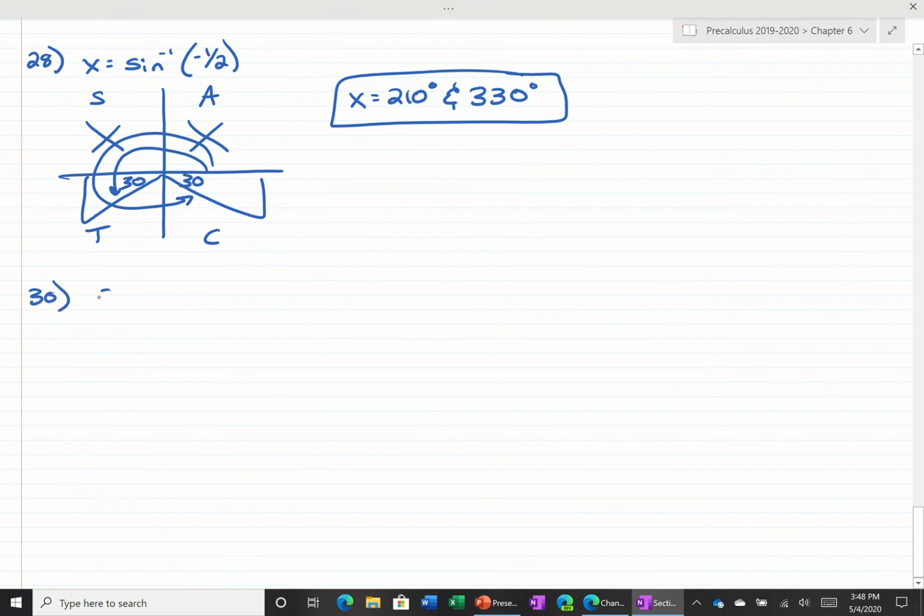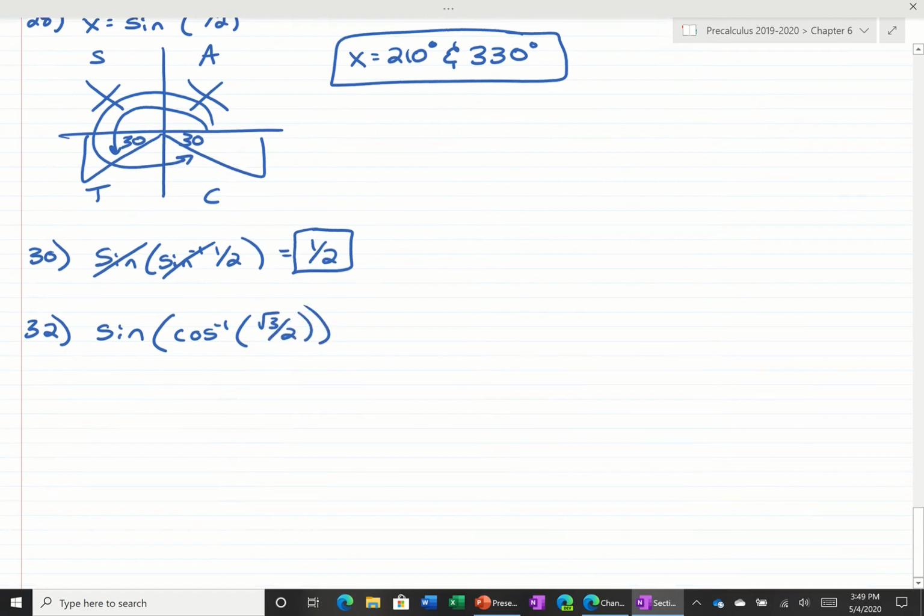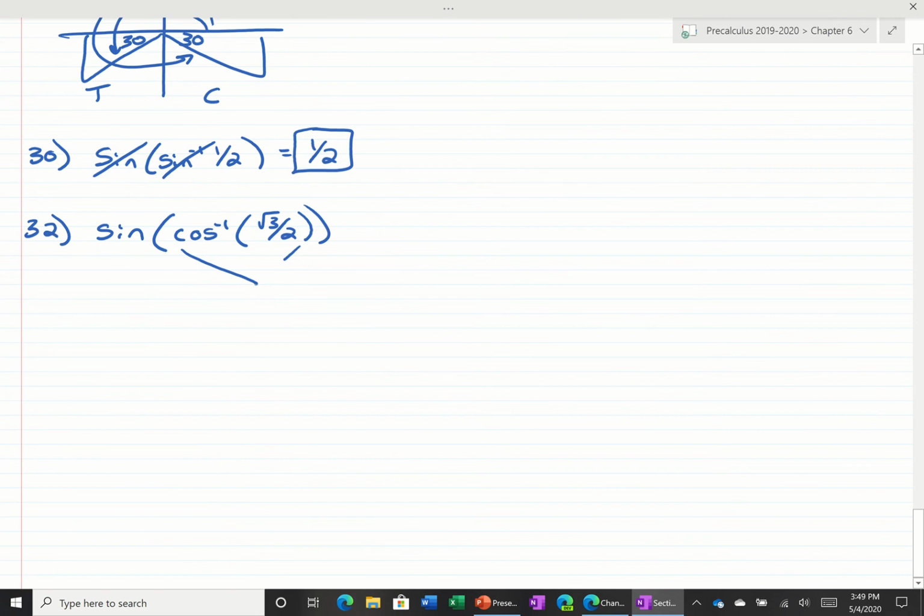Number 30 is saying, what's the sine of the inverse sine of 1/2? Well, I'm sure you guys like that problem. The answer is just 1/2. Number 32, it's asking you what's the sine of the inverse cosine of root 3 over 2. Well, we have to figure out what angle gives us a cosine of root 3 over 2.